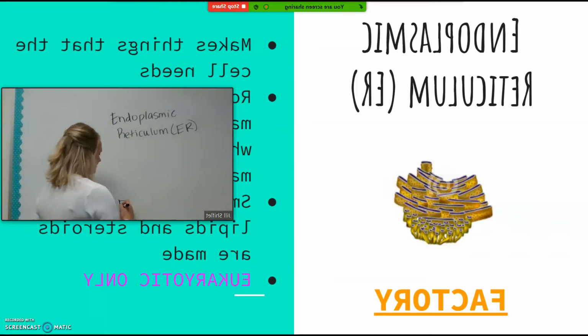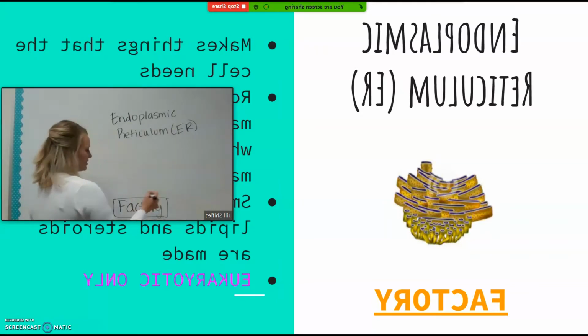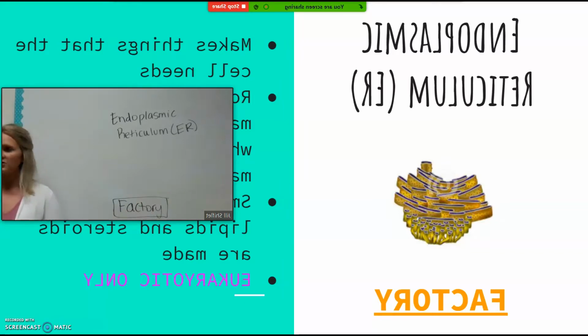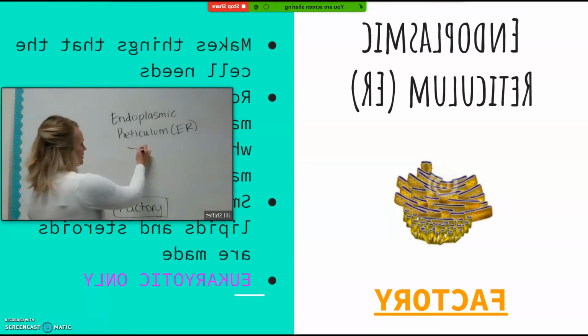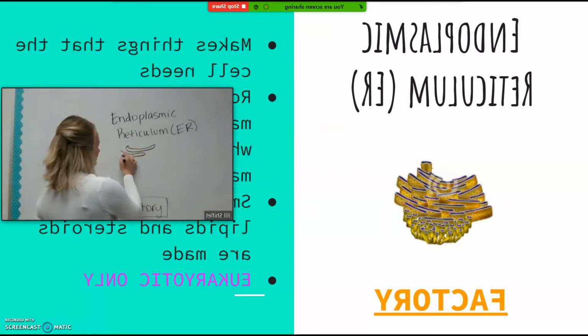This one you can think of as the factory. That's the word that you need to remember that goes with it. You can think of it as the factory. This one's kind of hard to draw. They're these little flattened, kind of sac-looking things.